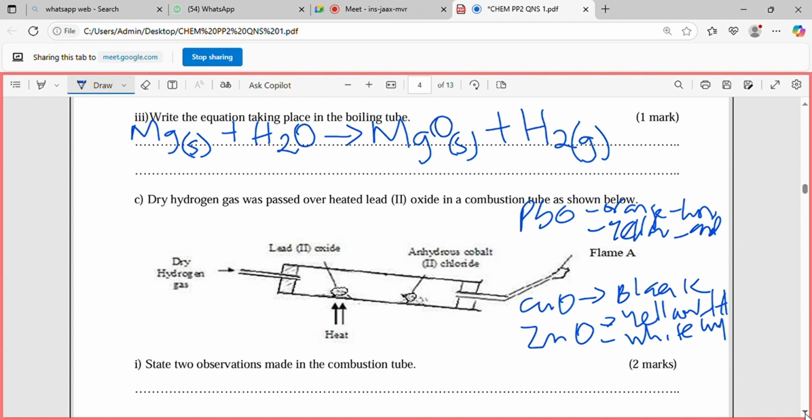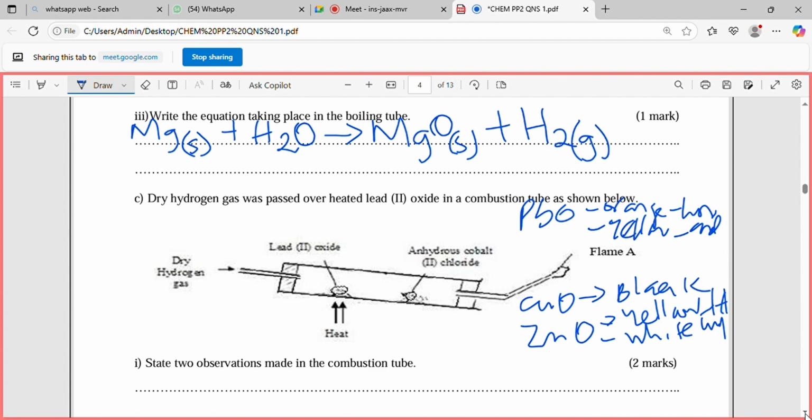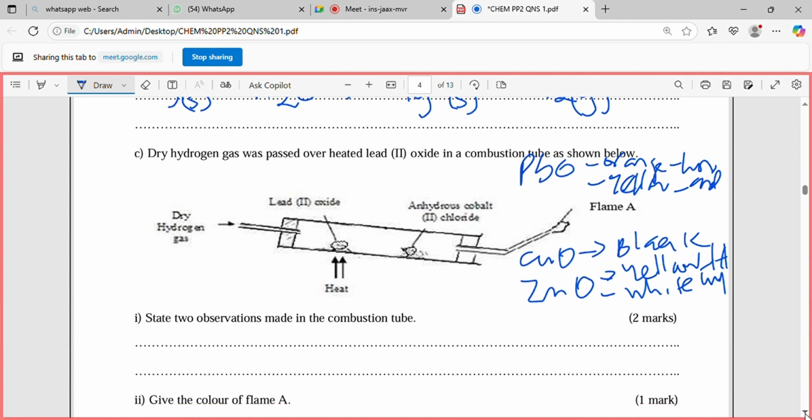The color changes from orange, the color of lead oxide when hot, to gray.